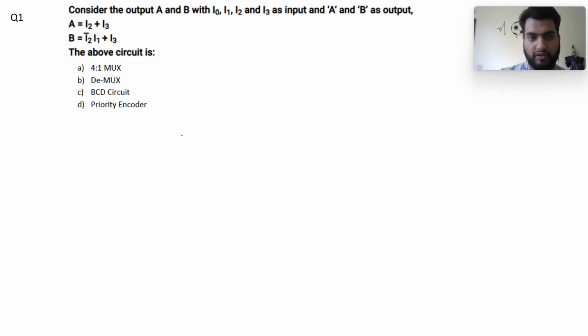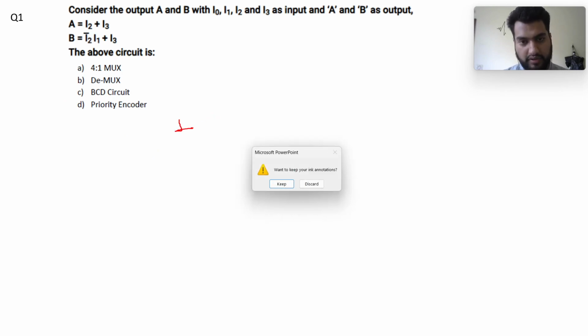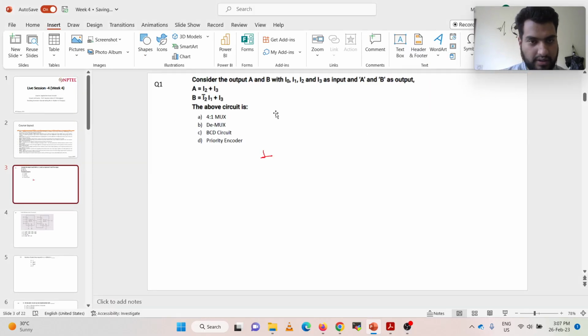But if we want to solve it completely, we can draw the truth table of a priority encoder. Let me just create a table first, that way it's easy.